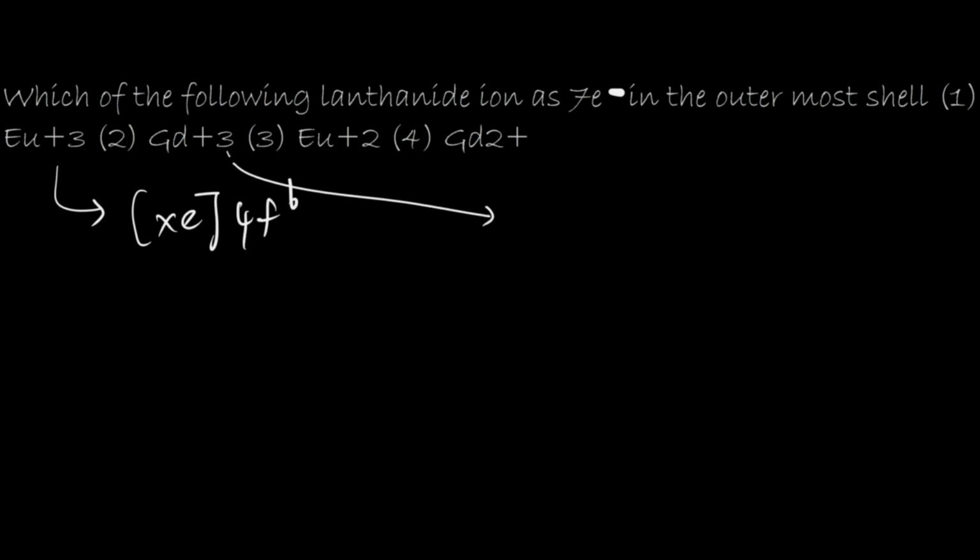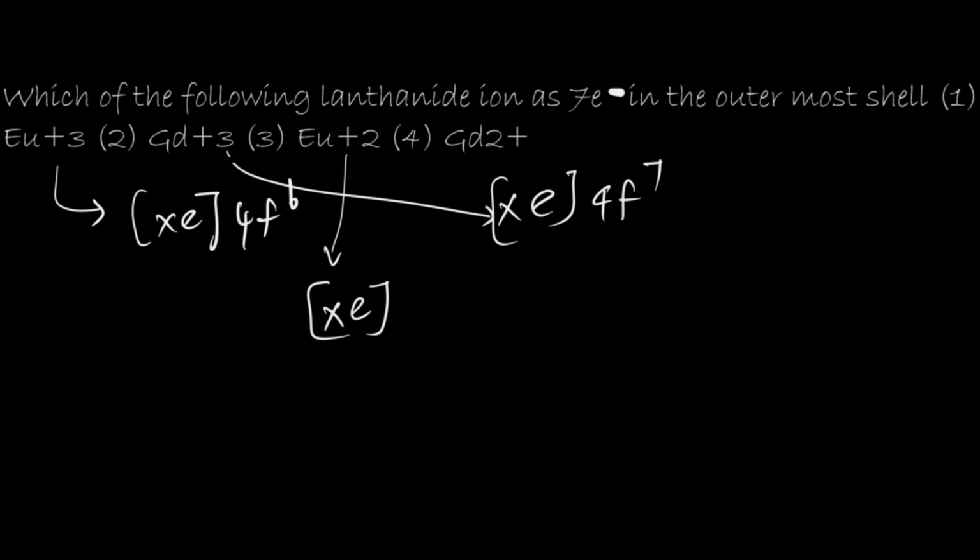For gadolinium 3+, it becomes after xenon 4f7, so this will be the correct answer. Let's check europium 2+ as well, which becomes after xenon 4f5. So the answer to this question is gadolinium 3+.